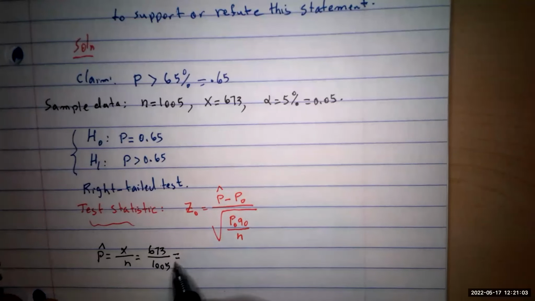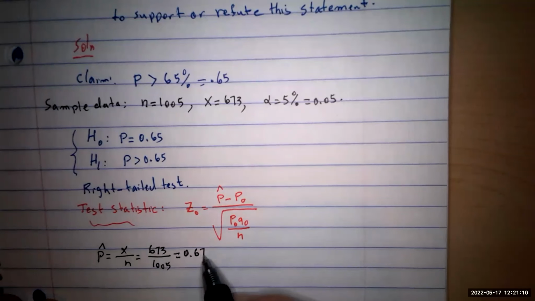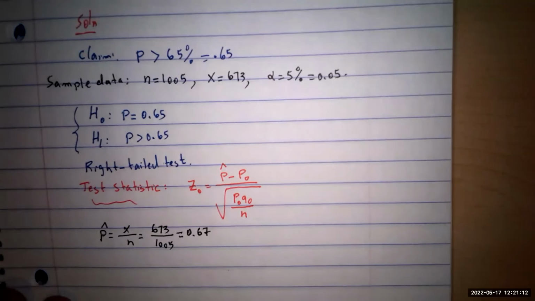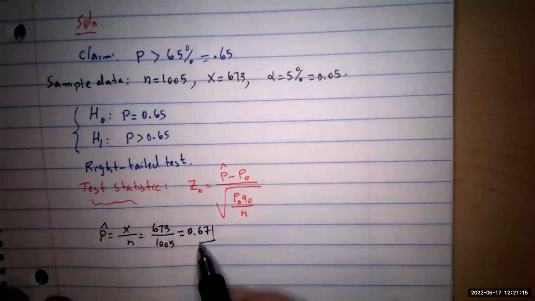So this number is almost 67%, about 0.67. That's going to be P hat.